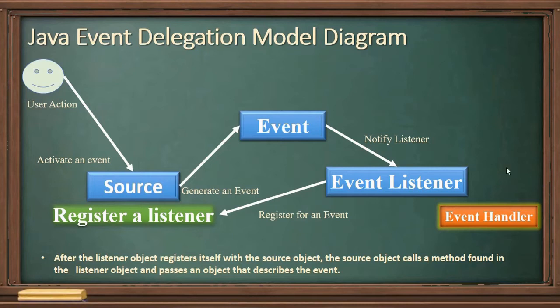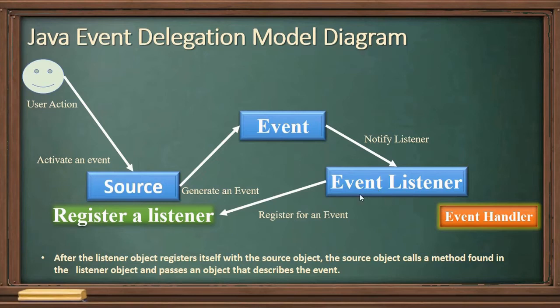This is because the event listener has already registered with the source, saying that if an event occurs, it must be notified about that particular event. And when the event occurs, the event listener will be notified about that particular event.